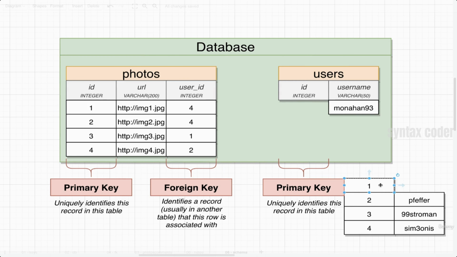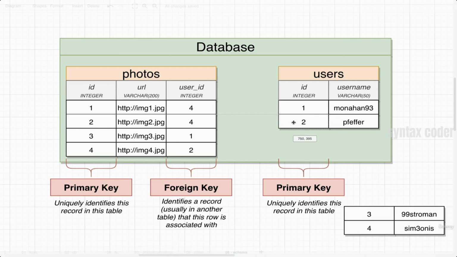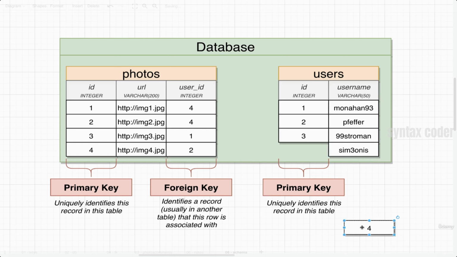The serial keyword means that it's going to start off by generating a value of 1 to start. As we then insert a second user, it will then take whatever the last ID that was generated for us, add 1 to it, and then assign it to this second record. When we put in the next user, we'll then get the next available integer, and then the next user, we get the next available integer.